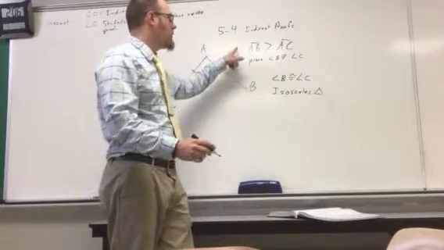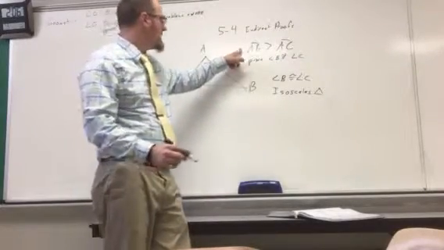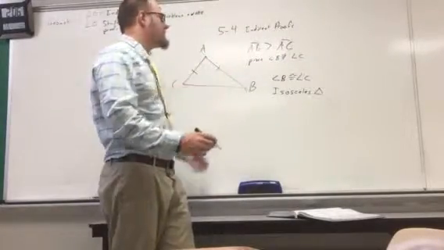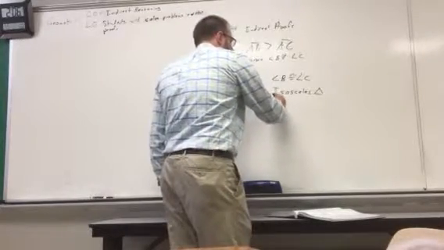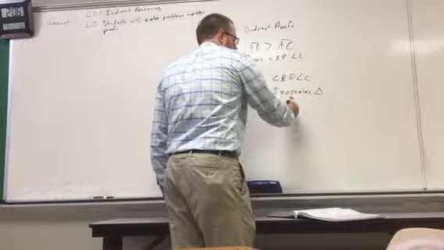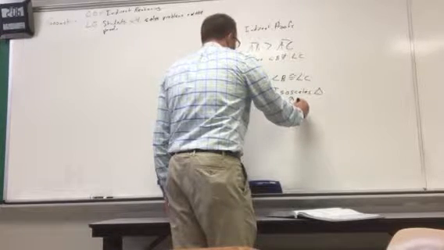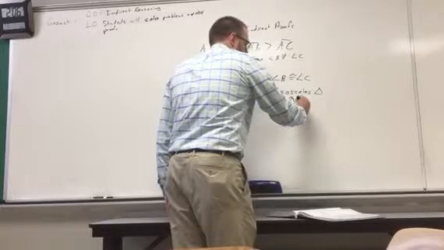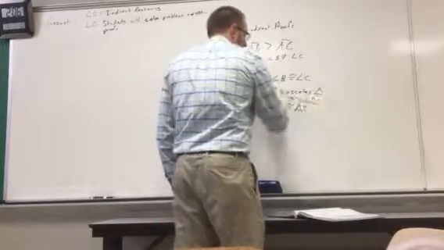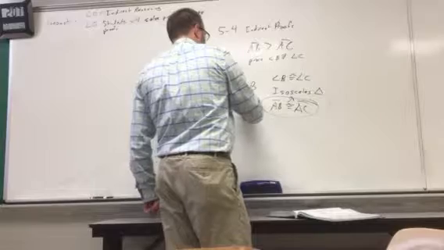As it happens though, in the information that we were given, AB is larger than AC. They are not congruent. So since AB, in this case, if we had an isosceles triangle, would be congruent to AC, what we have here is our contradiction.